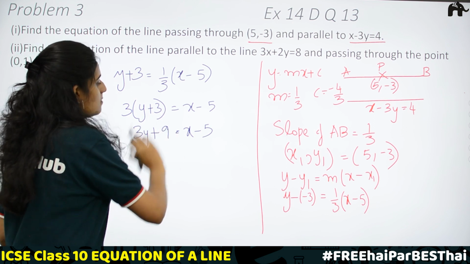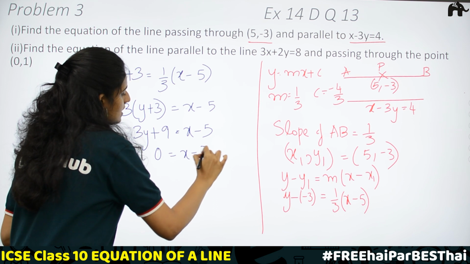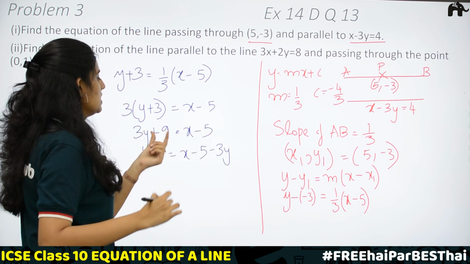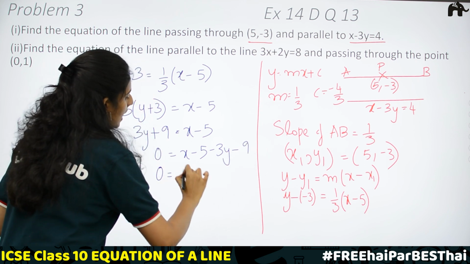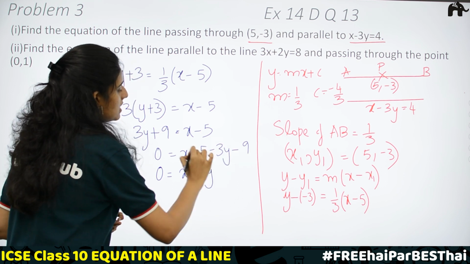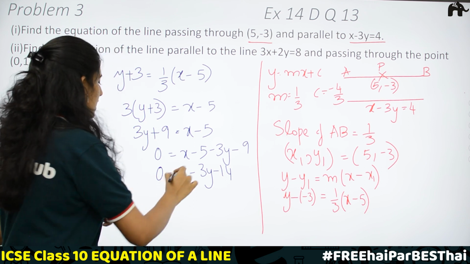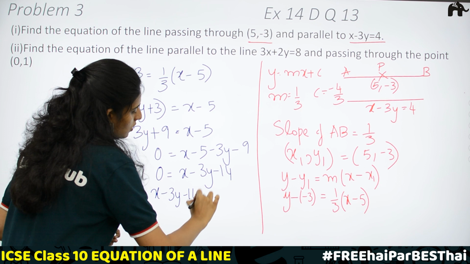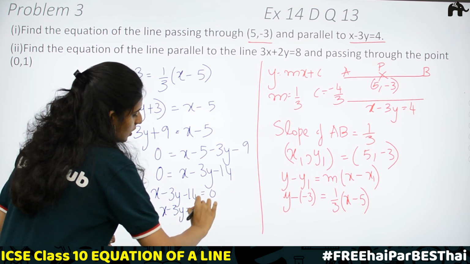Taking all the terms to the right hand side, we get 0 is equal to x minus 5, 3y becomes minus 3y and plus 9 becomes minus 9, which means 0 is equal to x minus 3y minus 9 minus 5, which is minus 14. That is, the equation is x minus 3y minus 14 is equal to 0 or x minus 3y is equal to 14.